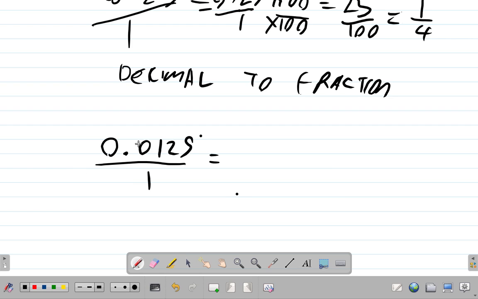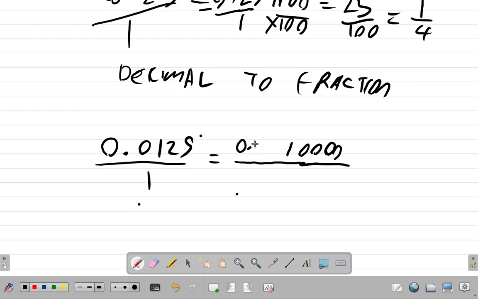What can you multiply 0.0125 by to make it into a whole number? What do you think? 1, 2, 3, 4. You multiply it by a 1 and 4 zeros, which is 10,000.